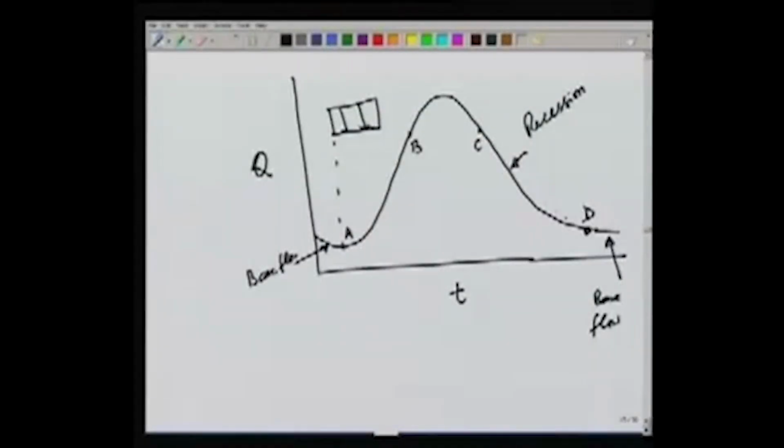Now this part C to D is not affected by storm characteristics because storm has already stopped. C to D denotes the decrease in channel storage or some other small depressions which may be draining now after the rainfall has stopped.